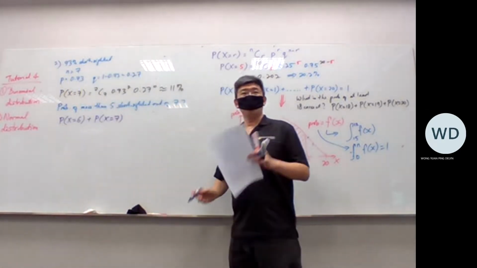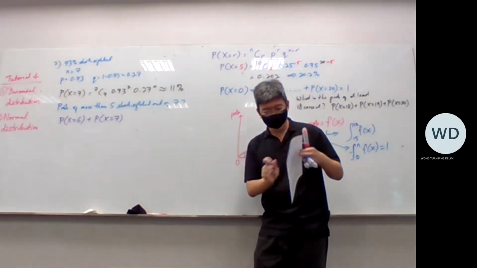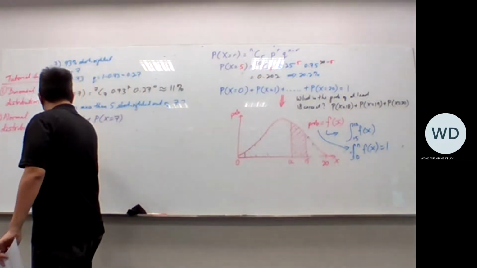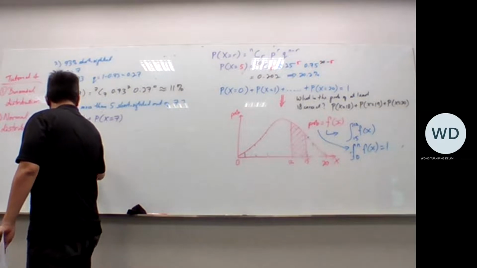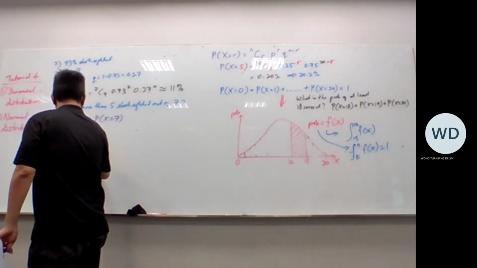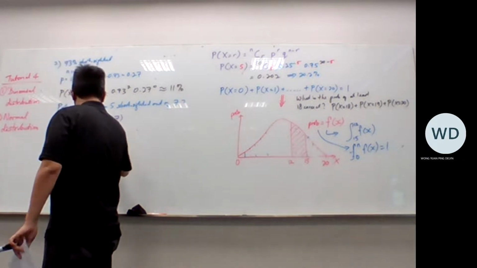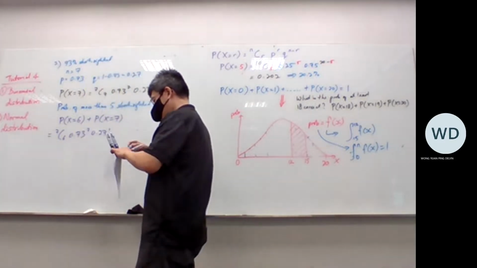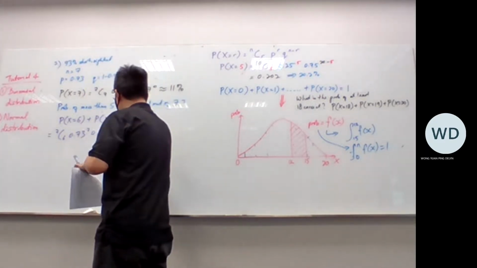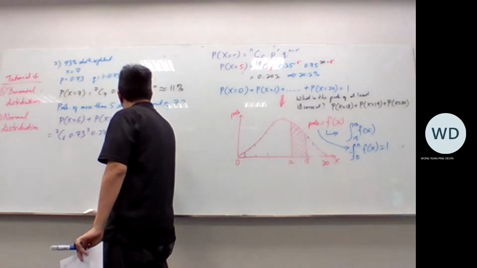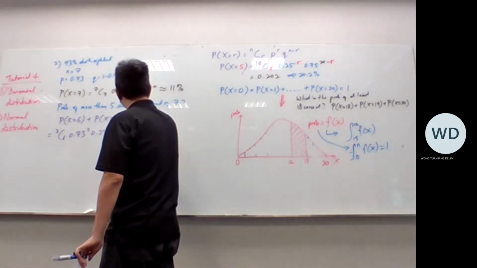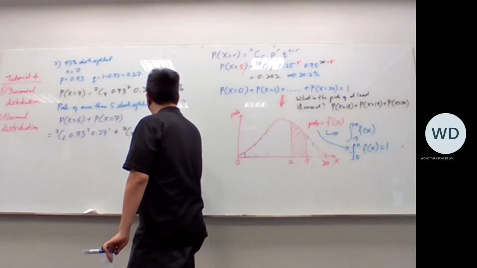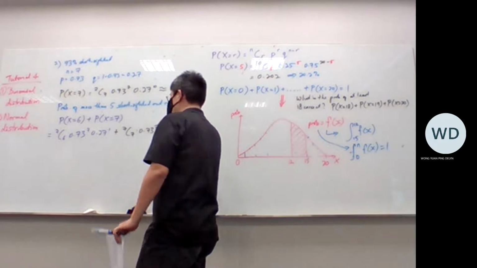Okay. So you repeat the whole equation as well. 0.73 to the power of 7, 0.27 to the power of 1, plus here 7, so it's equivalent to the same thing. 0.73 to the power of 7, 0.27 to the power of 0.